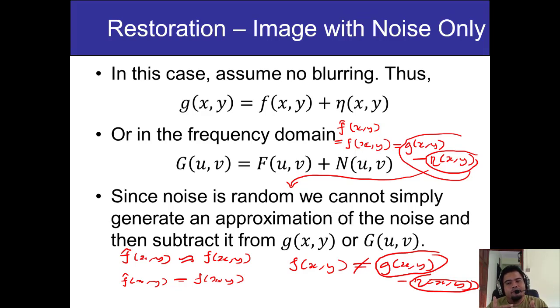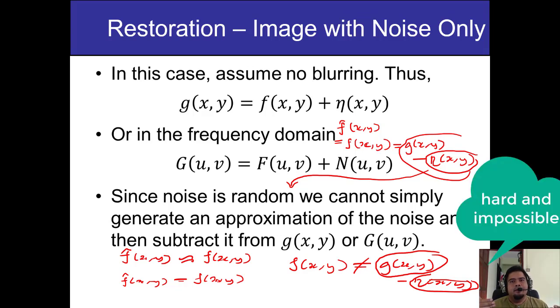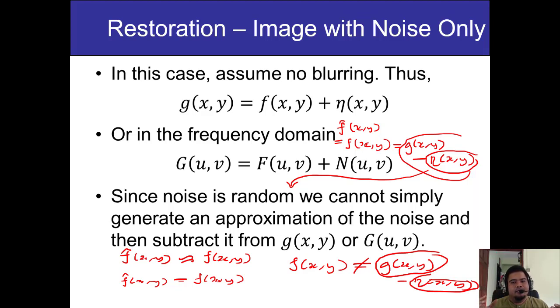The same goes for this equation. When you want to do the simple operation of subtraction here, you cannot just subtract the noise from g, because noise is a random signal. It's hard to estimate, and because of that randomness, you cannot just generate an approximation and subtract it so that the two cancel each other.